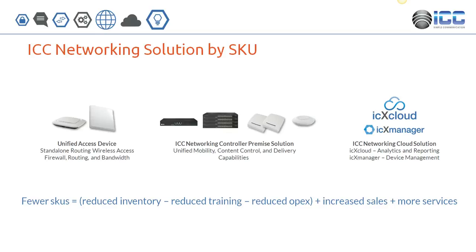The ICC controller-based premise solution, the access control system, is a unified mobility, content control, and delivery capability and management system that allows for on-site, off-site management, where the controller system can be hosted in a data center at the service provider, or at the client site, or at one of their physical facilities, managed centrally, deploy access points remotely, and at the same time maintain a high level of security within the customer's network ecosystem.